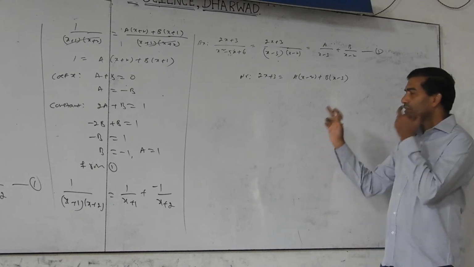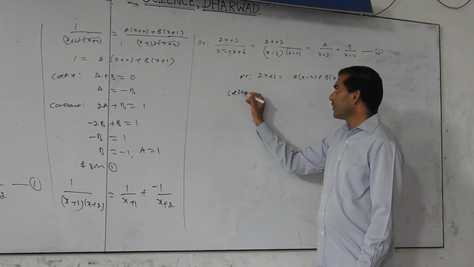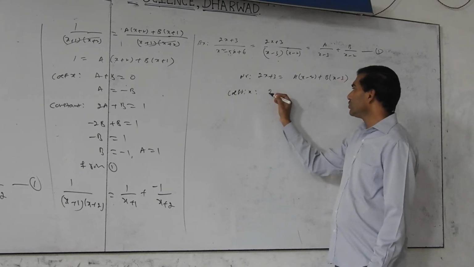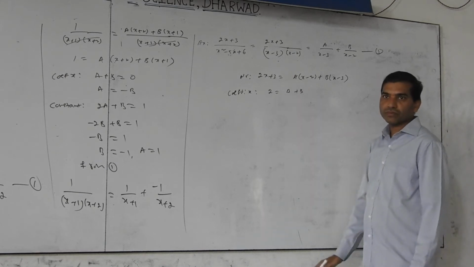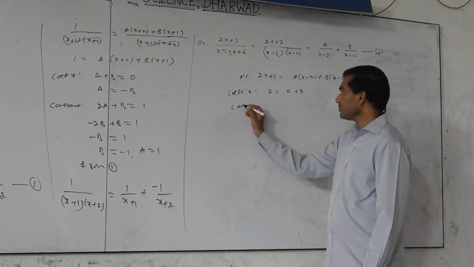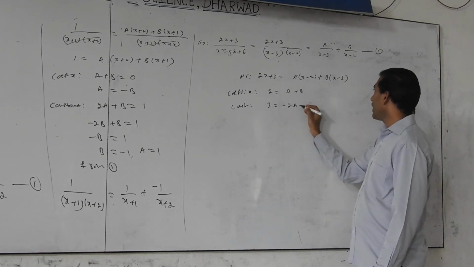I can do it in two ways. First, the coefficient of x: on the left side it is 2, and on the right side it is A + B, so A + B = 2. For the constant, 3 = -2A - 3B.